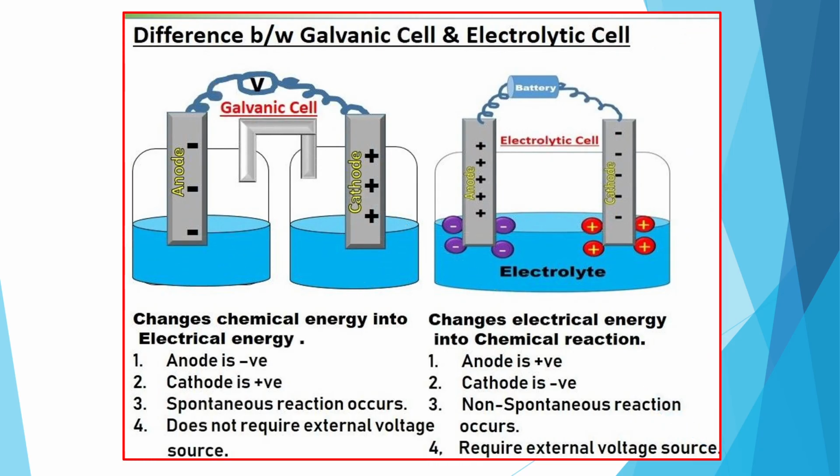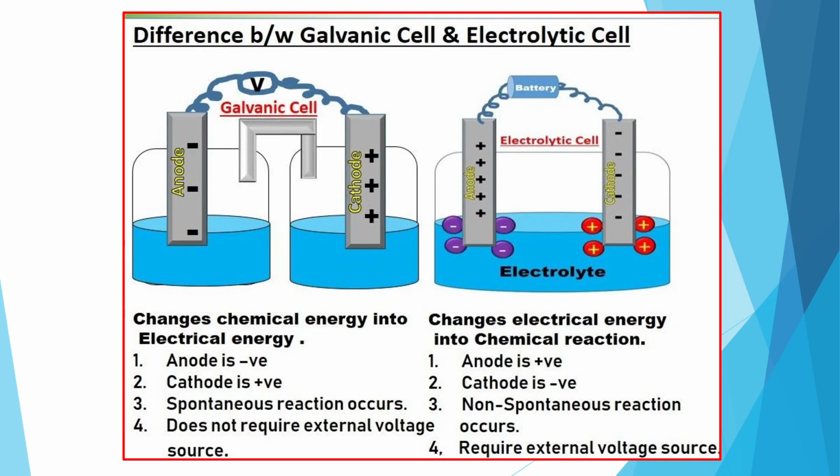So this is the clear picture of the differences between galvanic cell and electrolytic cell. The main difference I would like you to look at is that in a galvanic cell, the anode is negative and the cathode is positive, and in an electrolytic cell, the anode is positive and the cathode is negative.